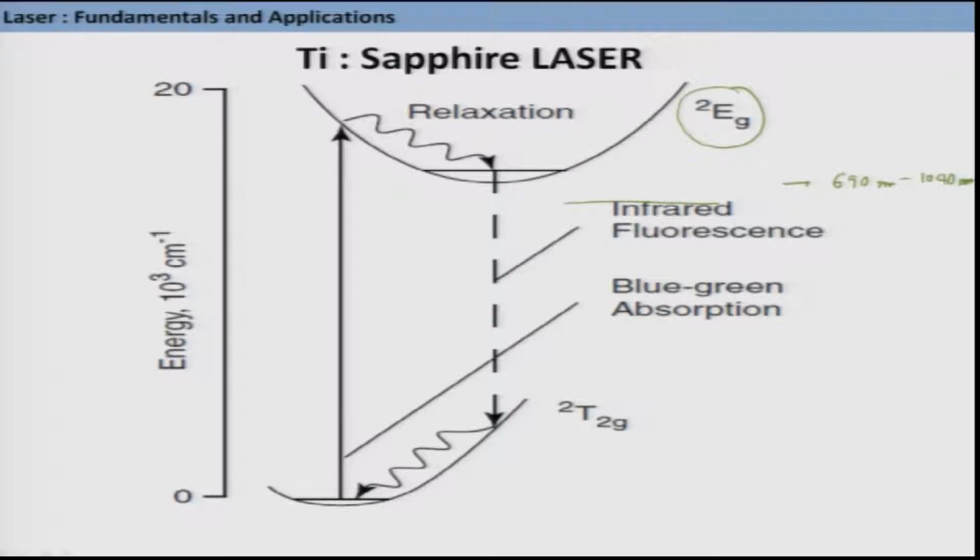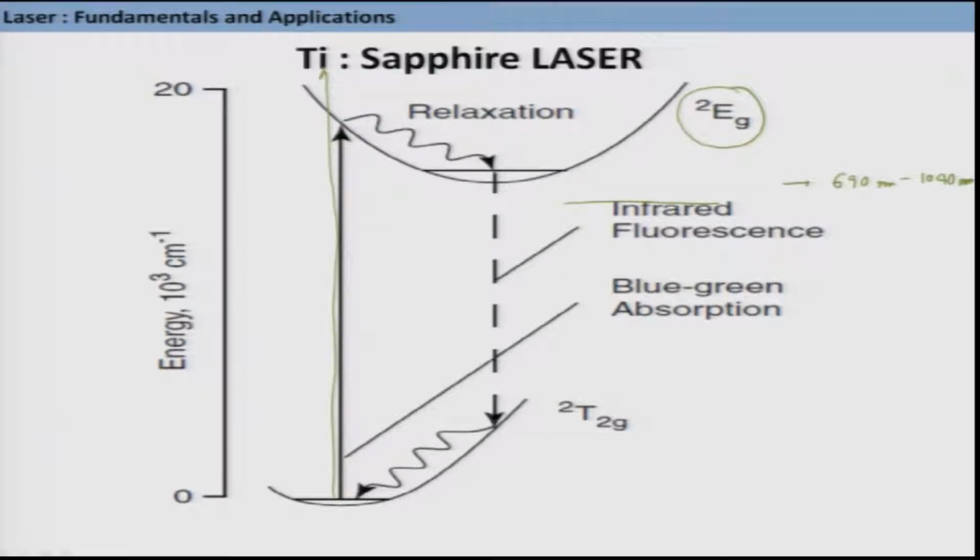It can have various other excitations, so it can go to a higher state following the Franck-Condon principle, and from there it can come down to the lowest vibrational state through vibrational cascading or vibrational relaxation. From there it will come down to the ground state.